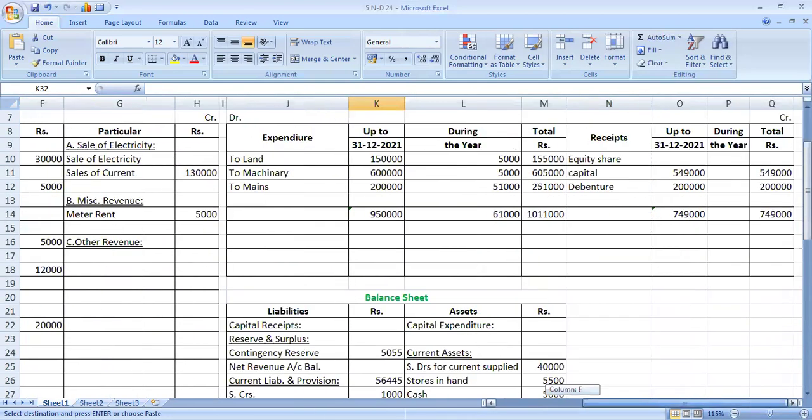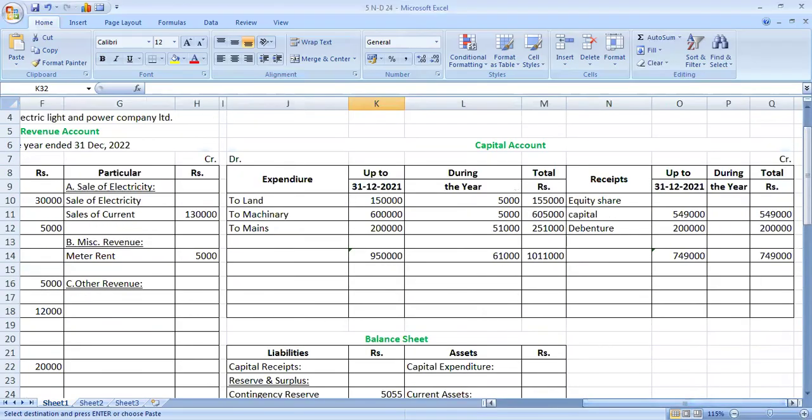Now I am closing capital account. Here the expenditure side is bigger, hence I am taking this total here to finalize. Then total of receipt side less, the balance is 2 lakh 62,000. That is the balance.